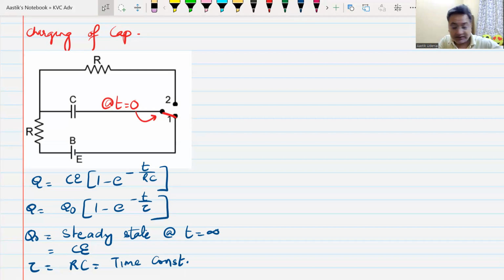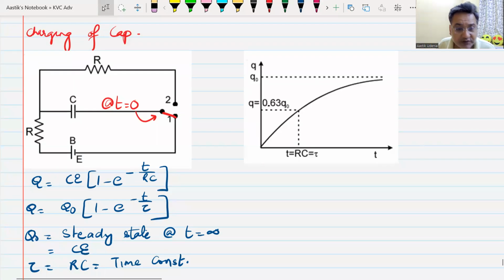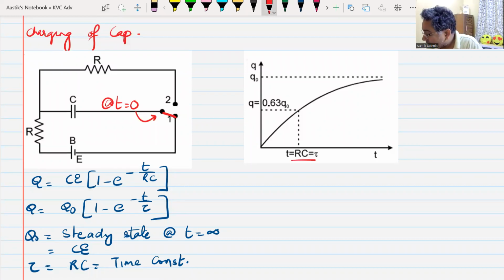As you can see, this is an exponential equation, and therefore the equation looks like this. When I put the value of time as 1 tau, the charge on the capacitor becomes 63% of the final charge, or the steady state charge.